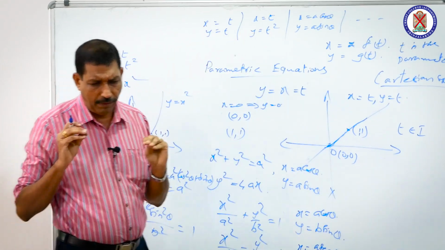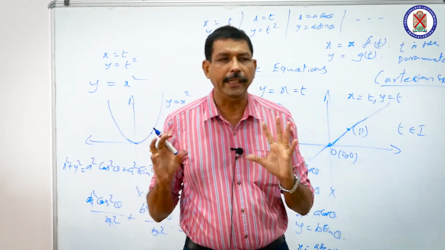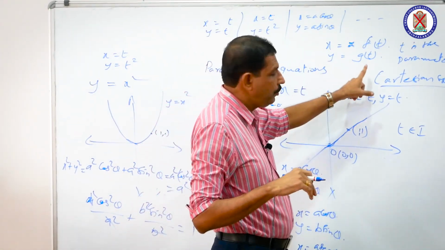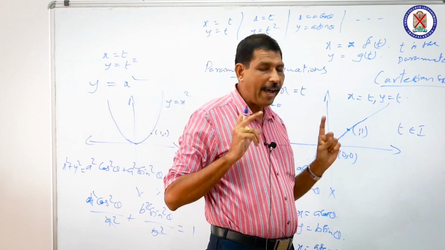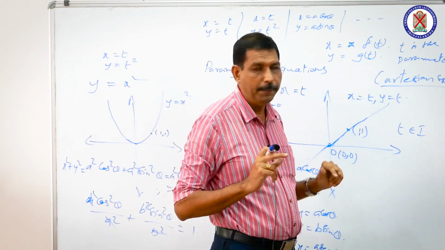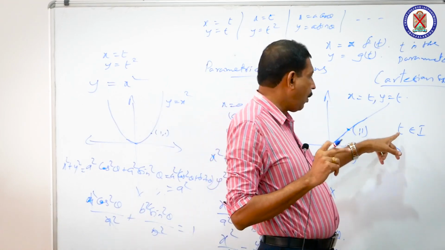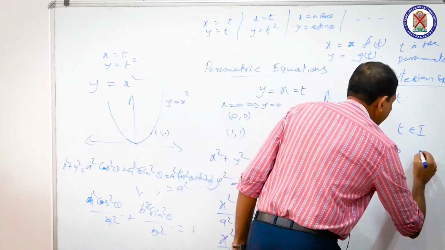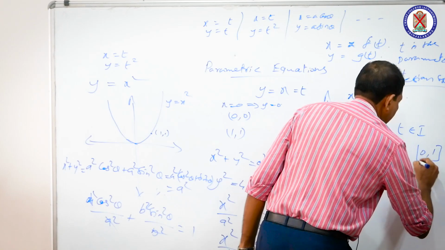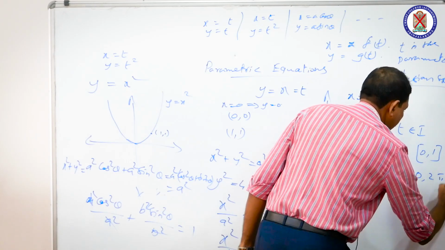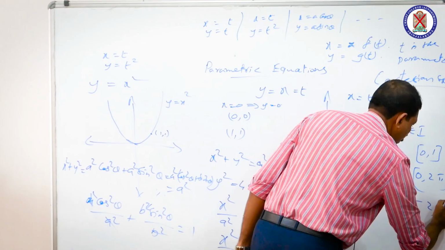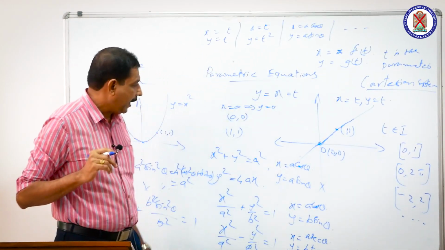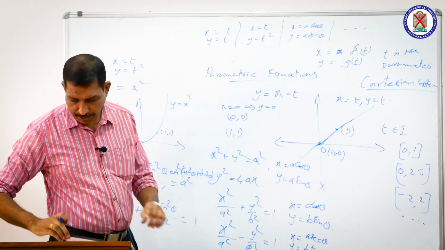Finally, the definition of a parametric equation is that it is of the form x equal to f of t, y equal to g of t, where both f and g are continuous functions of t, and t ranges over the interval I. The interval may be 0 to 1, the closed interval [0, 1], or 0 to 2 pi, or minus 2 to plus 2, and so on. Okay. Therefore, these are the examples for parametric representations.